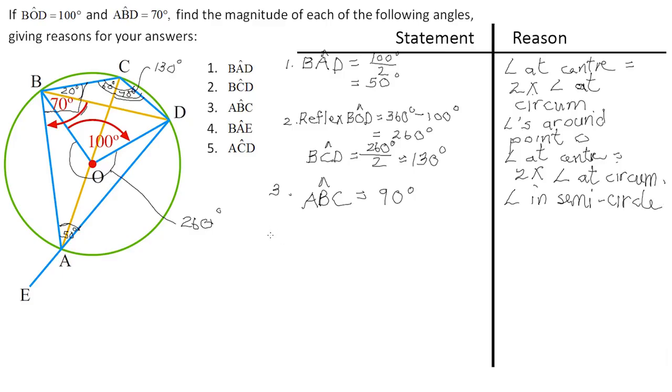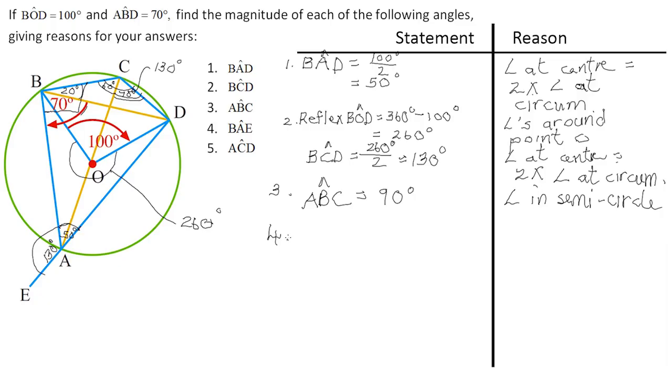Then number 4, BAE. BAE plus angle BAD will give you, obviously, you don't need to look further here because you've already got this angle here. So that one will obviously be 130 degrees because these two are adjacent supplementary angles.